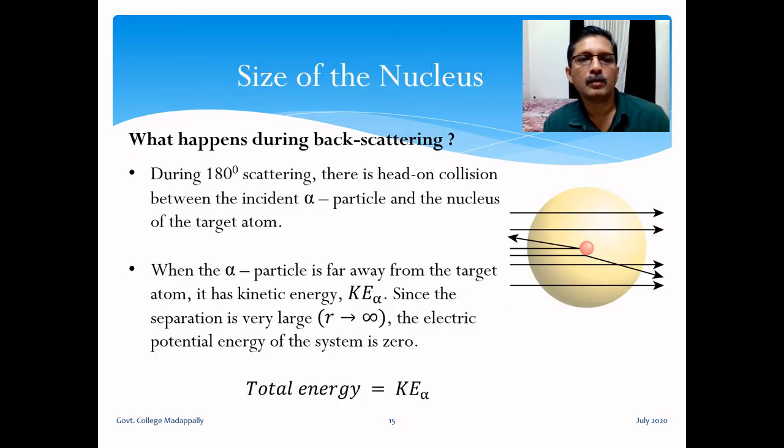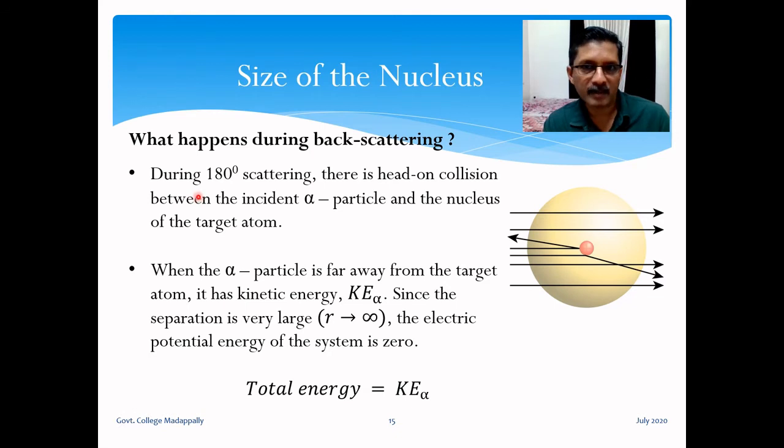What happens during backscattering? I told you that at the time of backscattering, the Rutherford scattering formula fails. Now, Rutherford estimated the size of the nucleus by considering the situation at the time of backscattering.